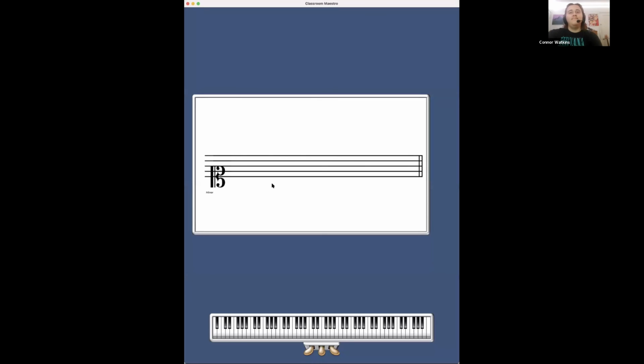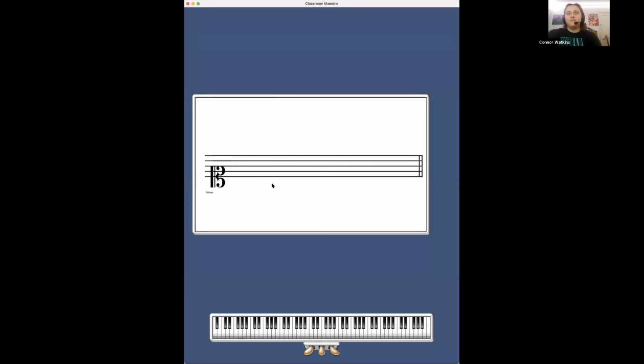I did a nice multiple picture post entitled "Know Your Clefs," and this is soprano, and this is mezzo soprano. Oh, I'm not sharing my screen. Let me try that again. This is soprano.